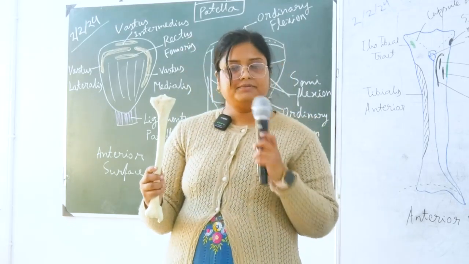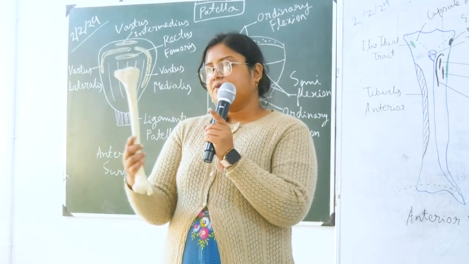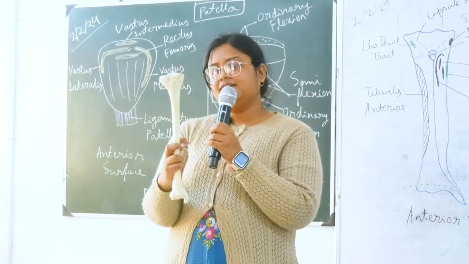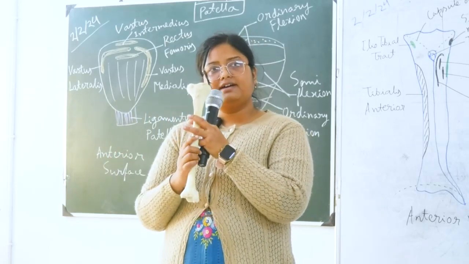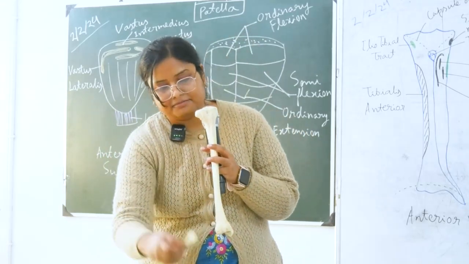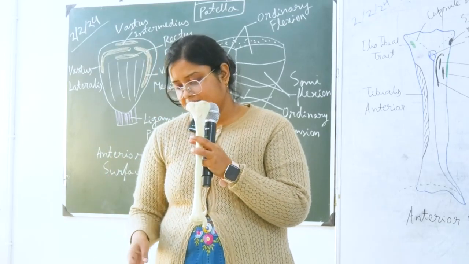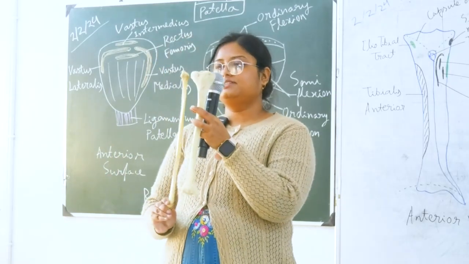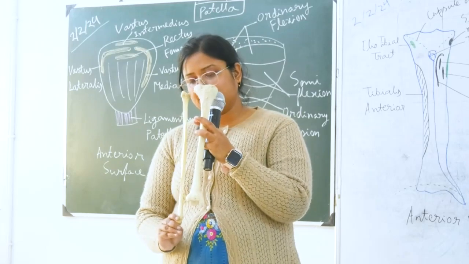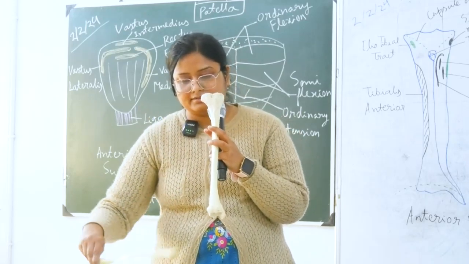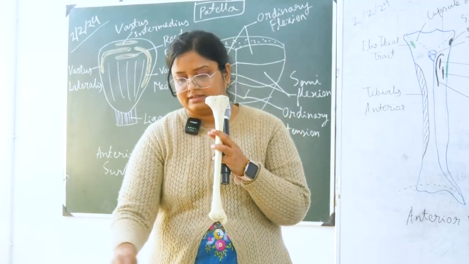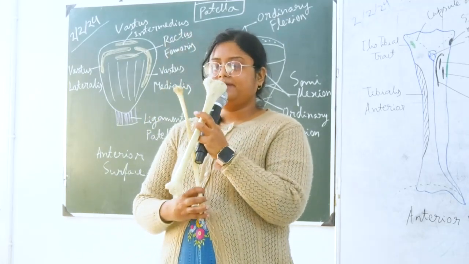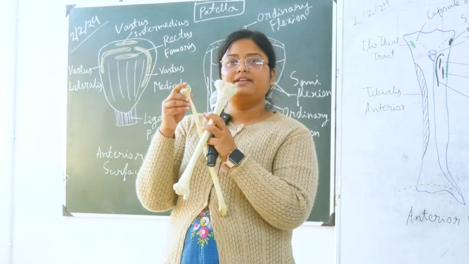Next day there will be fibula. First you hold the tibia in anatomical position. If this is a right-sided tibia, then you have to hold the fibula also in anatomical position. This is the fibula. At the upper end of the fibula there is a flat area.